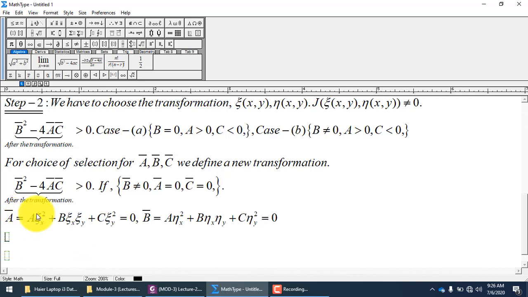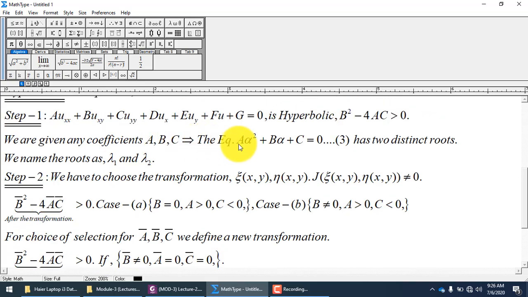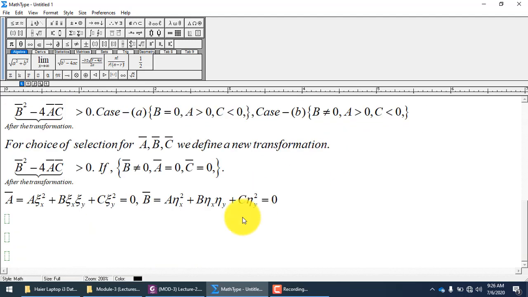So what I am going to explain is what is the relation between this equation 3 and A bar and C bar.